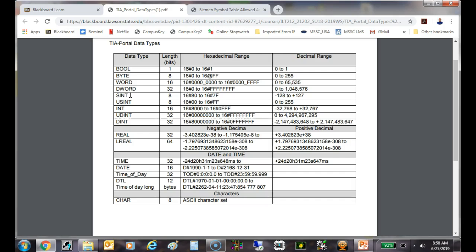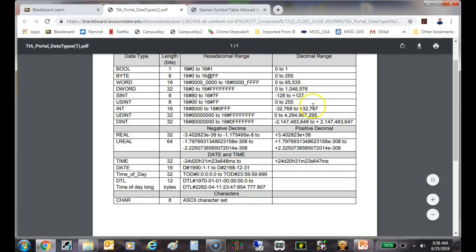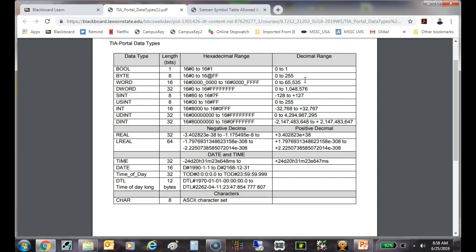And then we have a double integer, which would be signed. Can you notice something about the signed numbers and the unsigned numbers? Well, if I took 65,536 and divided it by 2, I would get 32,768.